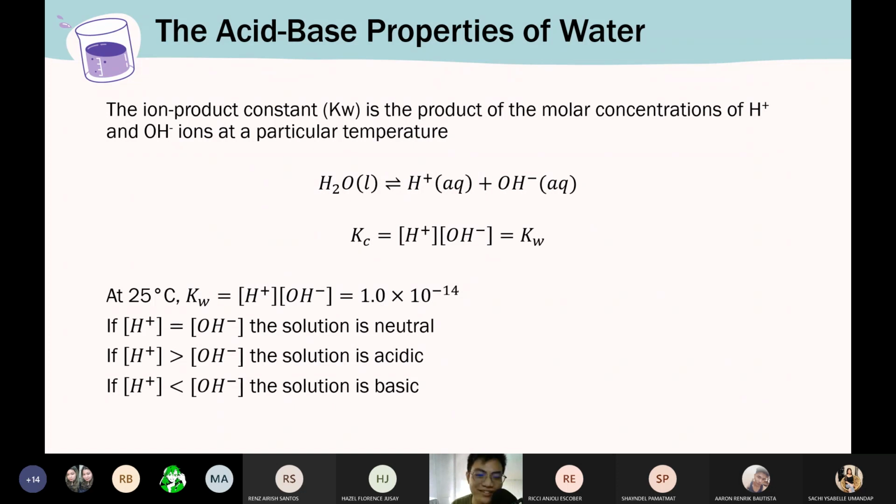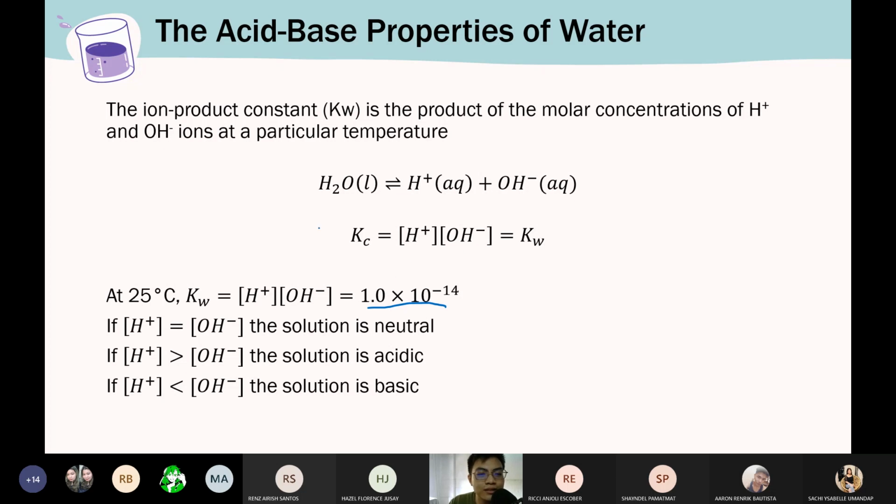Okay. What's the equilibrium constant of the dissociation of water? So the dissociation of water into its ions, it has a K value of 1 times 10 raised to negative 14.